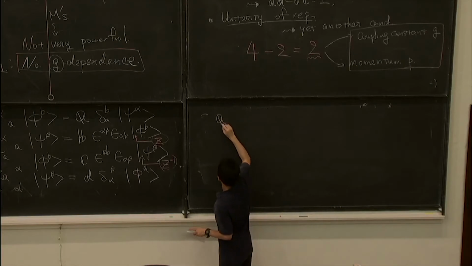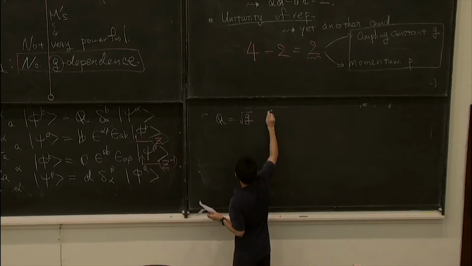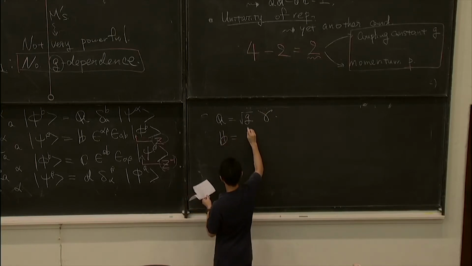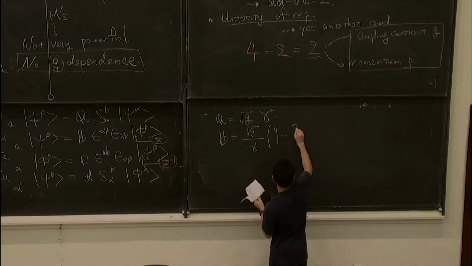So A, I'm going to parameterize in this way, and B, yeah, it's a bit boring to write it down, but it's actually important.